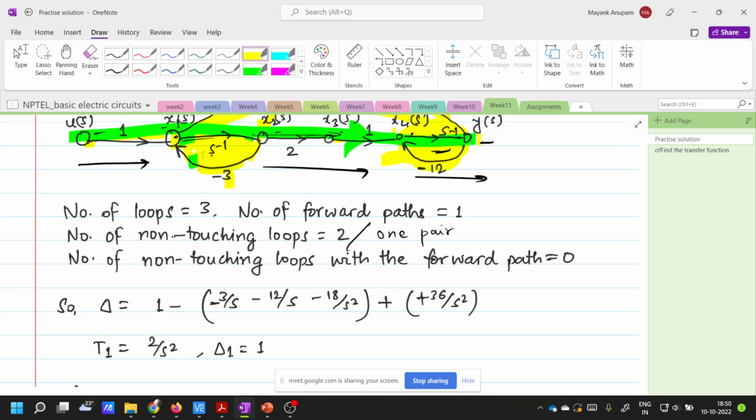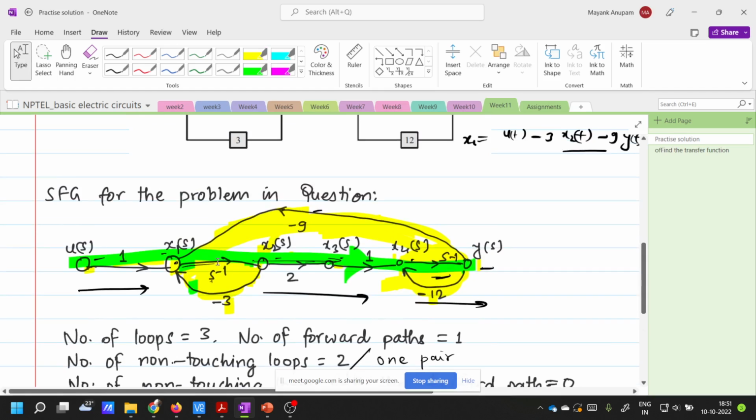This is one loop gain. Similarly, there is another loop like this, s inverse multiplied by minus 12. This is another loop, and then there is a third loop here which contains x1 to x2, which is s inverse multiplied by 2 here, then multiplied by 1 here, then multiplied by this s inverse, and then back here. Let's remove these highlights.